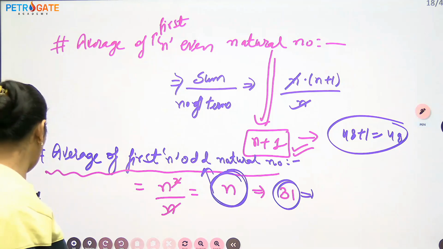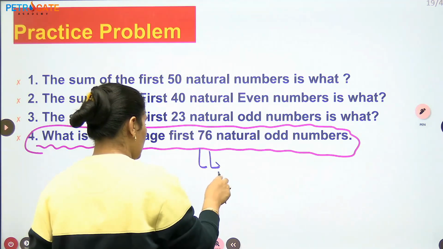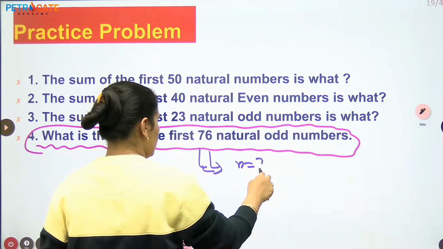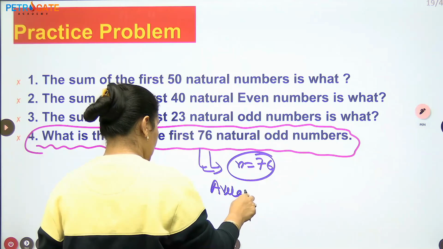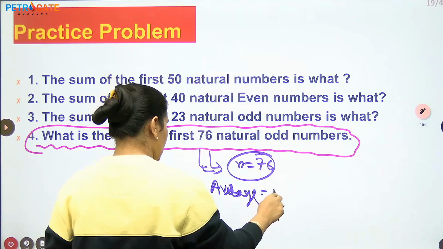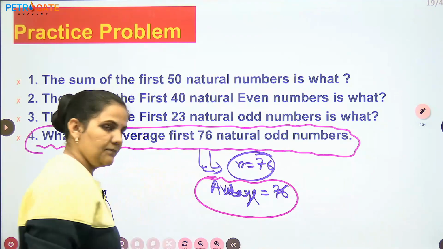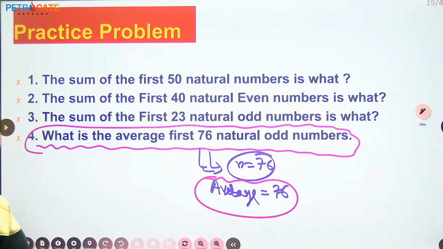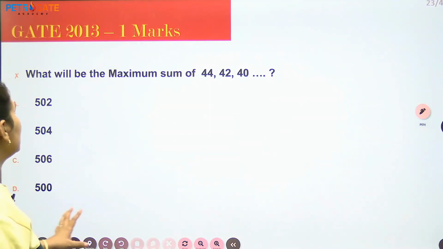What will be the result? Here n is equal to 76, so the average is nothing but 76 only. Why? Because the formula is n only. Is it clear?